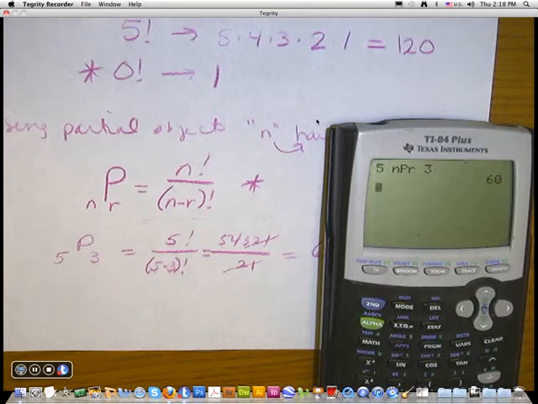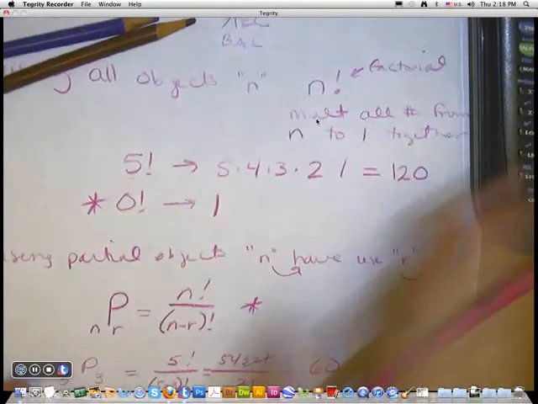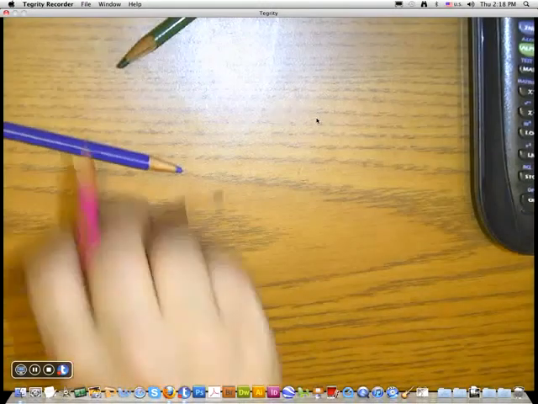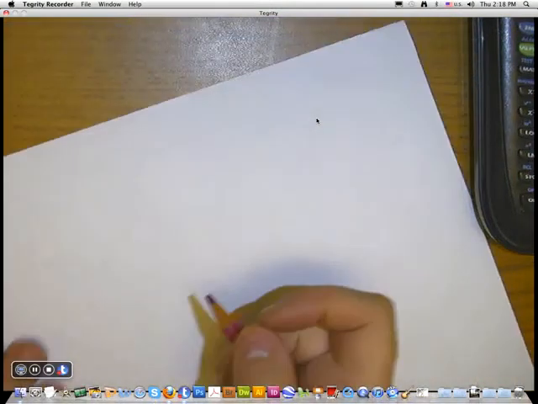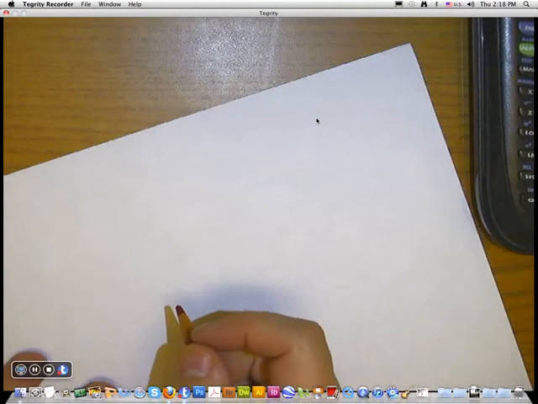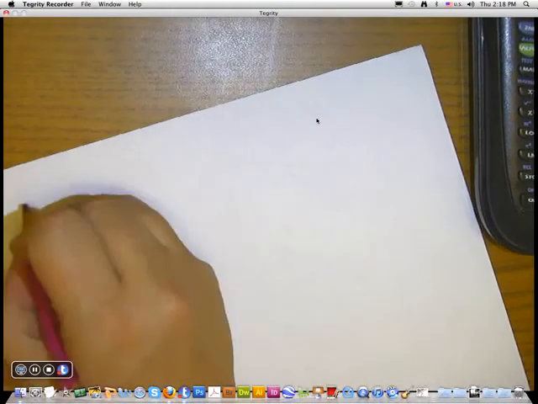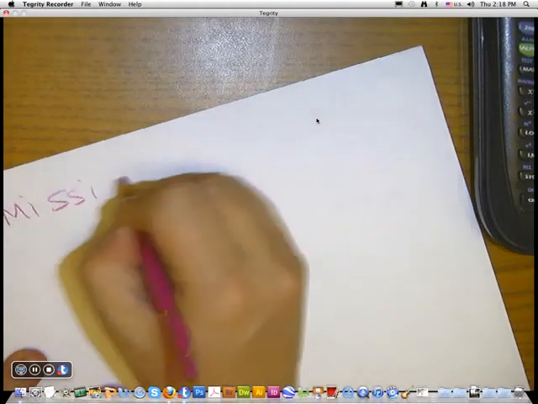All right. Sometimes our things repeat. And when we have repeated objects, it's a little bit different. Most commonly, you see this in words. For example, Mississippi.